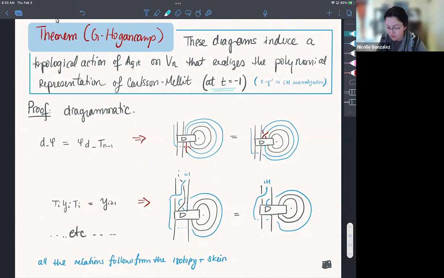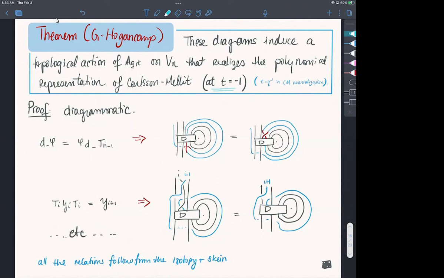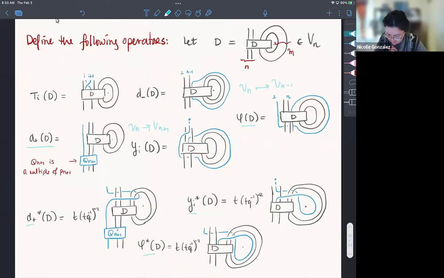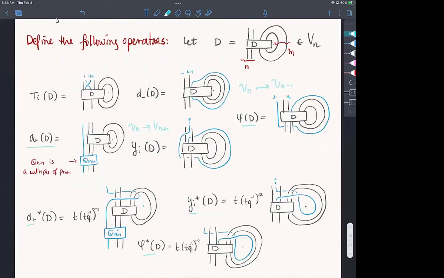I have a question regarding the previous slide. I was wondering, many people, including me, like this other presentation of the Aqt algebra, where you see this trivalent edge instead of crossings.